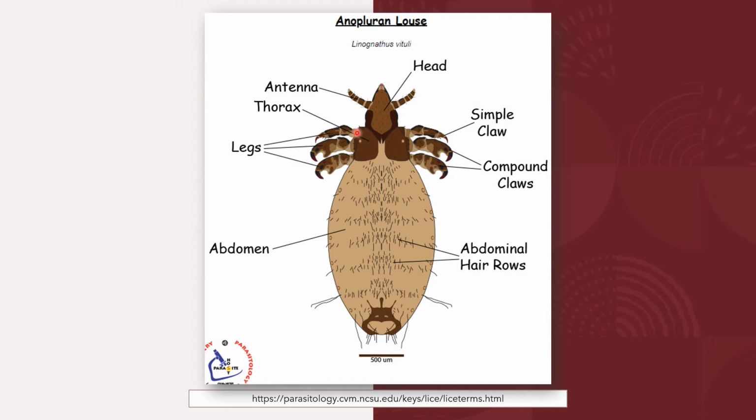The only difference is that the first pair of thoracic legs have a simple claw, while the second and the third pairs have compound claws. For the abdomen, we also have the presence of the spiracles, and we also have the presence of the hair rows per segment.